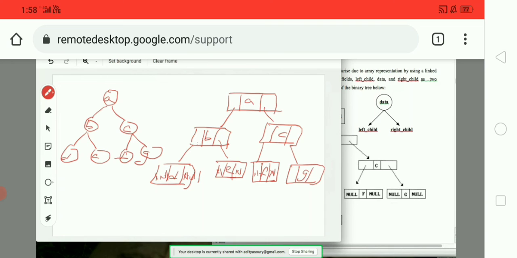So null, null, null, null, and here it stores the F address and the G address, and for all the remaining leaf nodes the right side and left side will become null values. If it maintains the address of another node, then it won't be a null value. So in this way we can represent a binary tree in linked form.